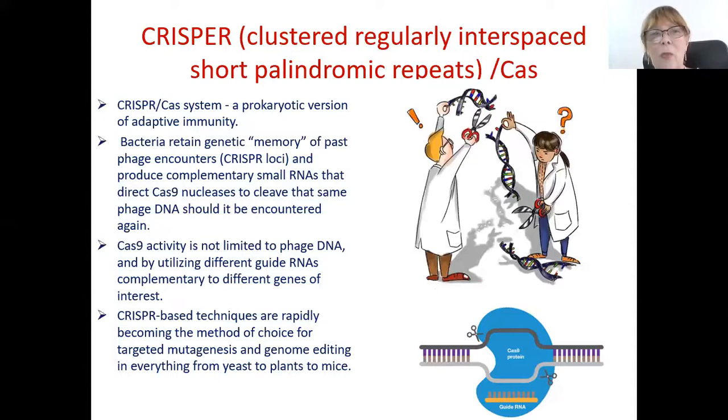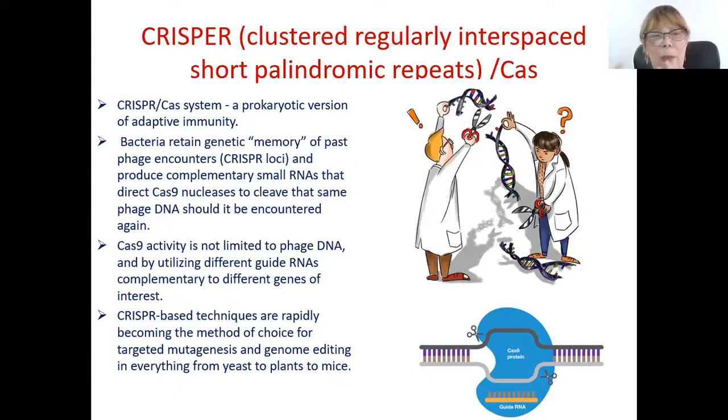And CRISPR is a very interesting and very novel method. CRISPR is an abbreviation derived from clustered regularly interspaced short palindromic repeats. The CRISPR-Cas system is a version of adaptive immunity for bacteria. Bacteria retain genetic memory if they have encountered, say, bacteriophages in the past.